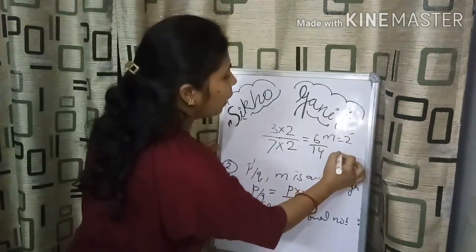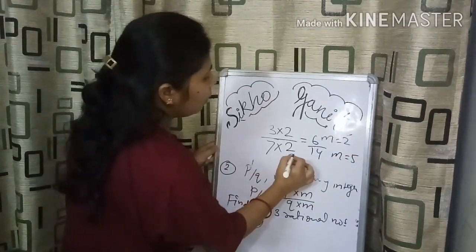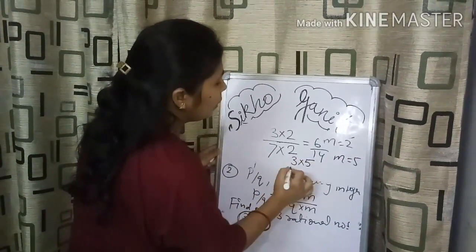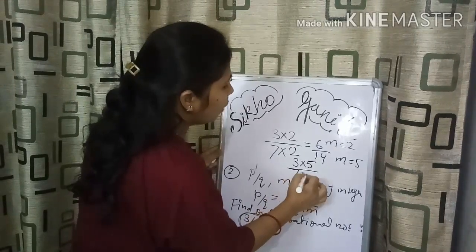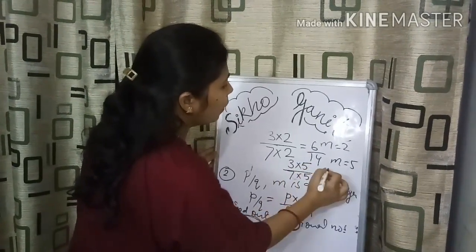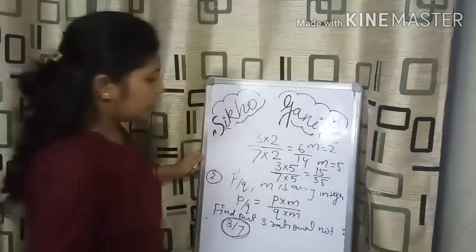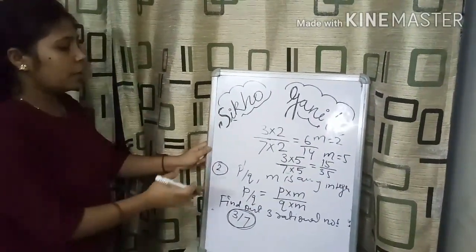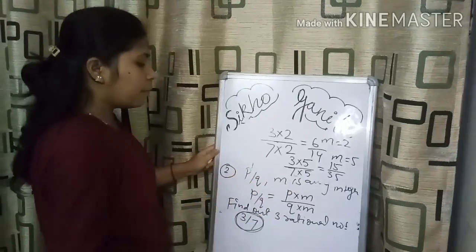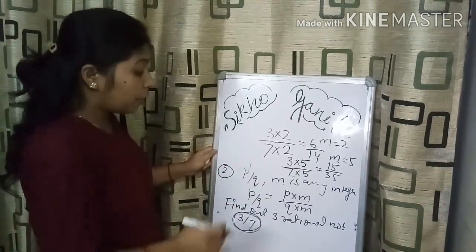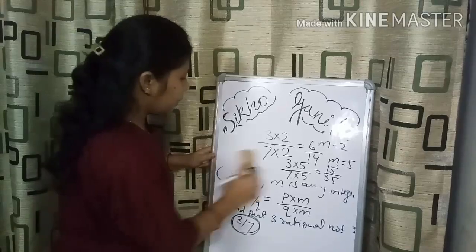Similarly, we can take m is equal to 5. And again, we will multiply 3 with 5 and 7 with 5. And it will be a new rational number, that is 15 upon 35. So is it clear? In this way, we can find out any number of rational numbers equivalent to any given rational number.